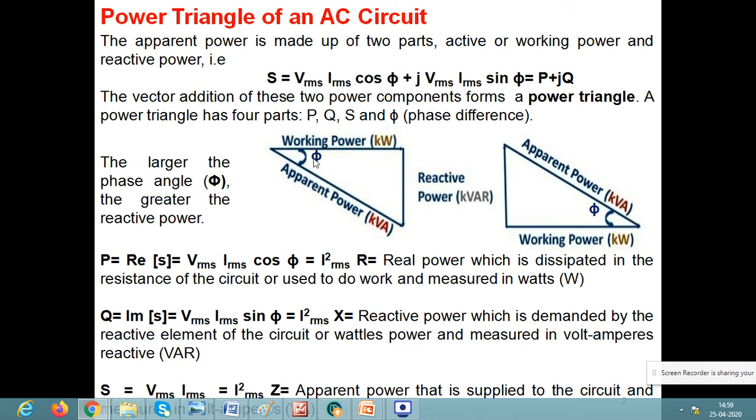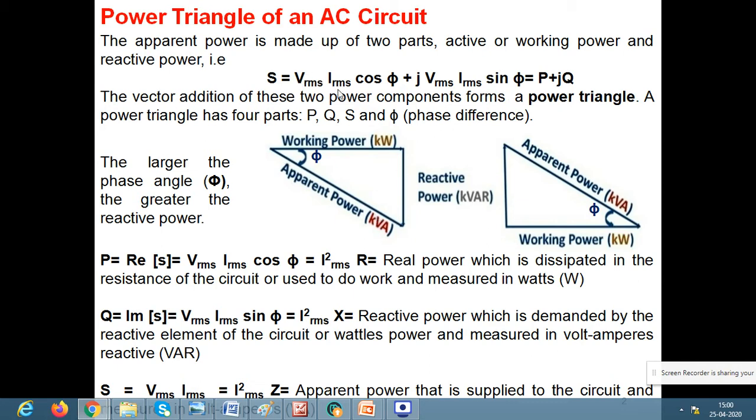And this phi is the phase angle. If it is larger, the reactive power will be greater, because the reactive power is multiplied by sine phi. Is it okay?